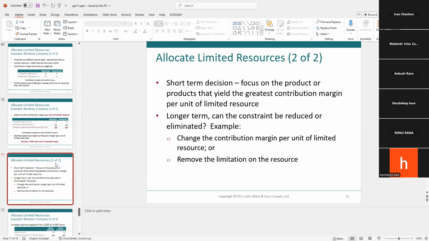For the longer term, we have to think, can this constraint that we have be eliminated? One of the options would be to change the contribution margin per unit of the limited resource or to remove the limitation of the resource.